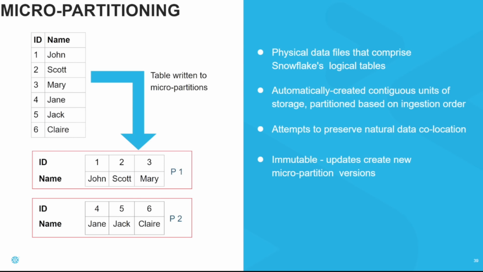Now, this is the micro partition. Let's say you have a table where you want to store IDs and names, and these are the rows you want to store. Internally, Snowflake creates two micro partitions. In the first partition, it stores the data from 1 to 3, and in the second partition, it stores the data from 4, 5, and 6. Whenever you run a query with a where condition to fetch the record which has ID 3, Snowflake automatically understands that ID 3 is stored in partition 1.